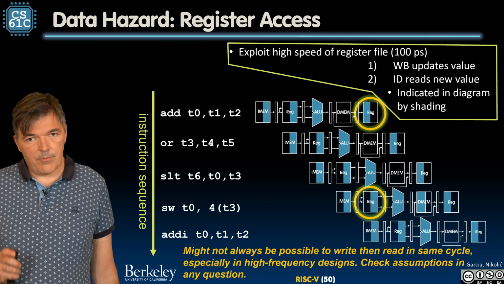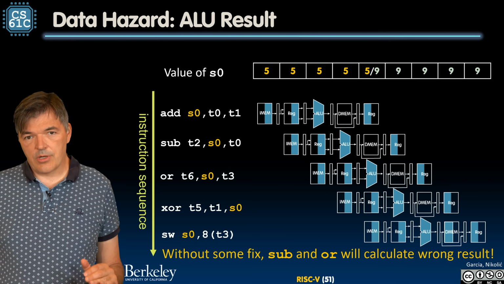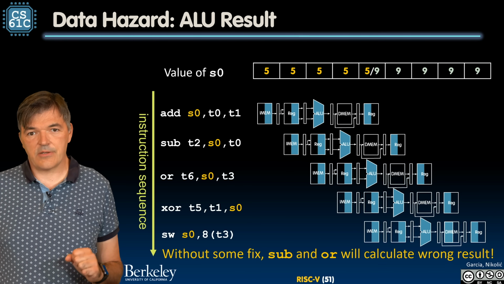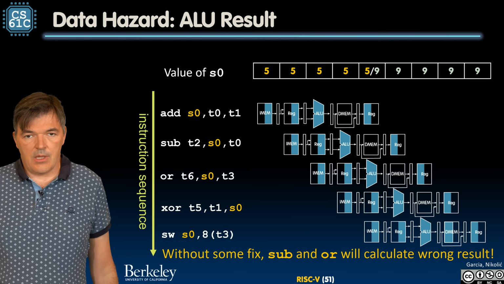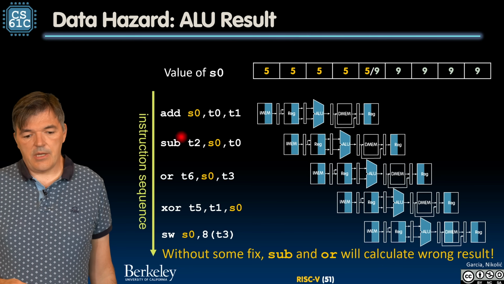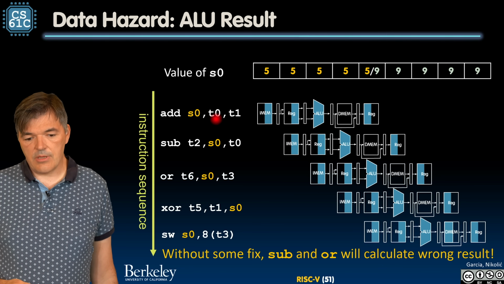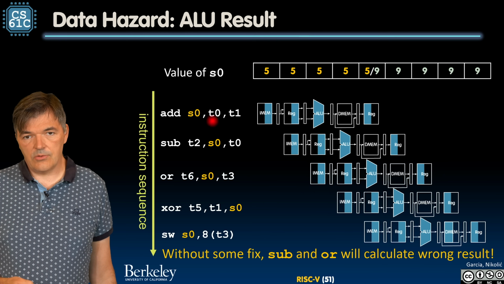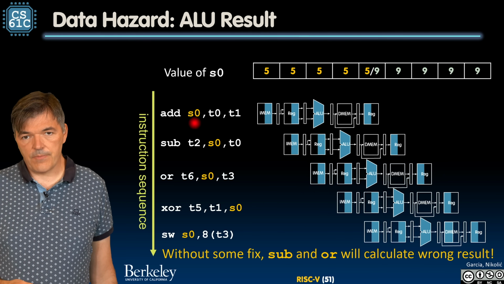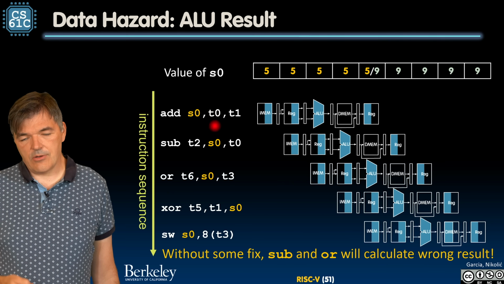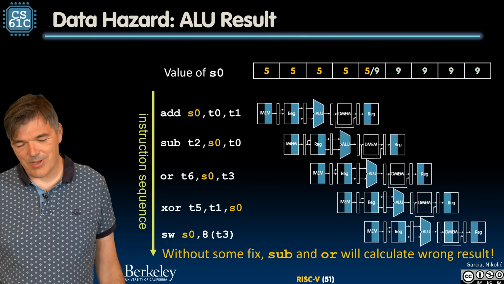All right, but let's take a look at a little bit more complex data hazard. And here it is. Let's say that the add instruction this time writes its result into the destination register S0. Then we have this kind of crazy code down here that perhaps doesn't make any sense.